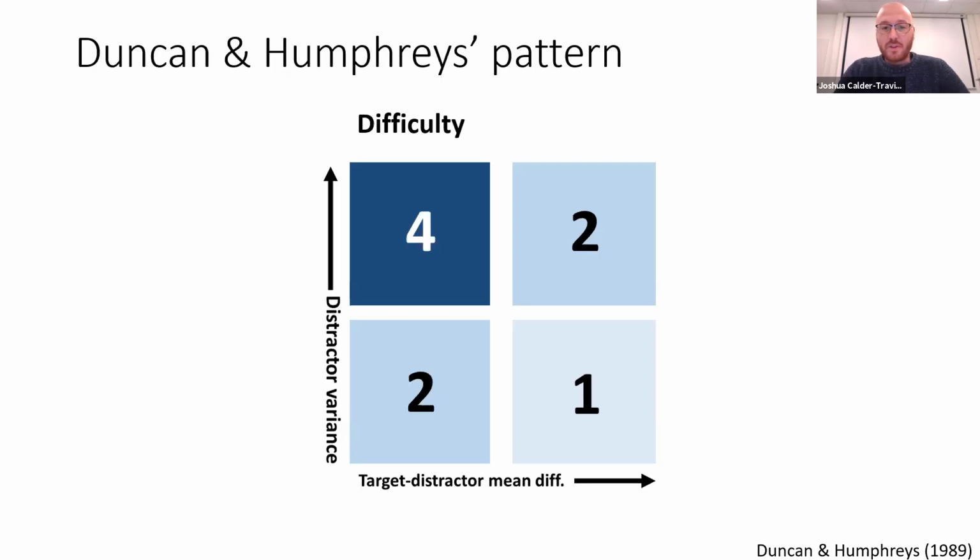They also thought the two interacted, such that the most difficult searches are ones in which the target and the distractor mean are very similar, so a low target to distractor mean difference, but in which the distractor variance is very high. A consequence of this is that at high target to distractor mean difference, the harmful effect of distractor variance would be minimal.